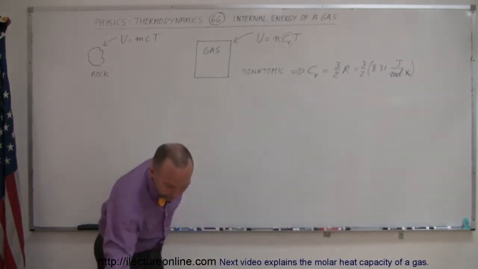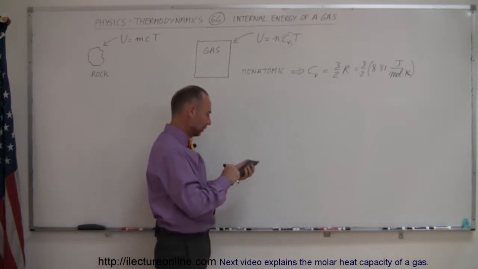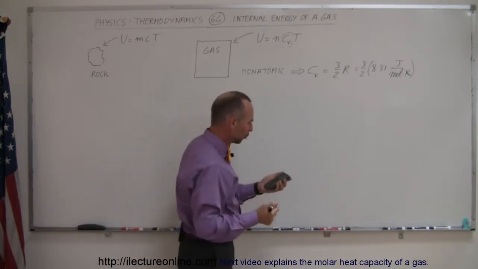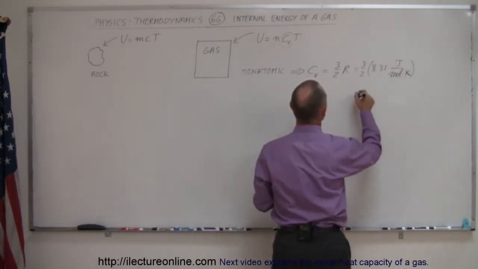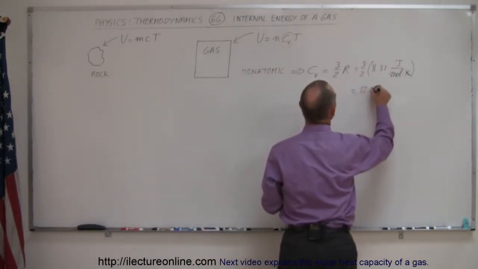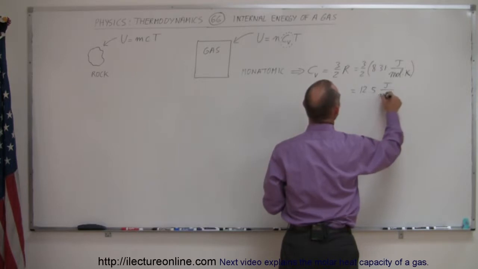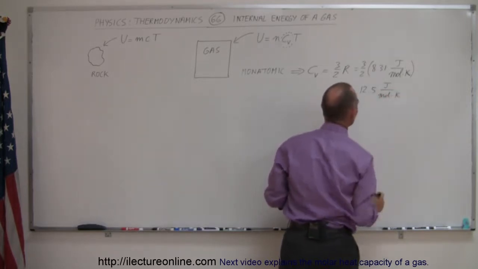Okay, so with a calculator, 8.31 times 1.5 is about 12.5, roughly speaking. So it's about 12.5 joules per mole times Kelvin.